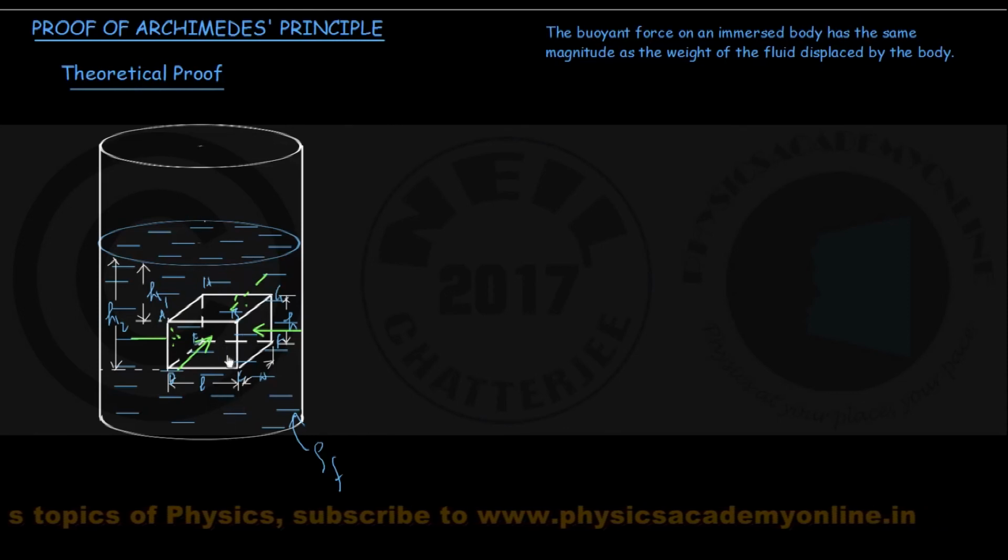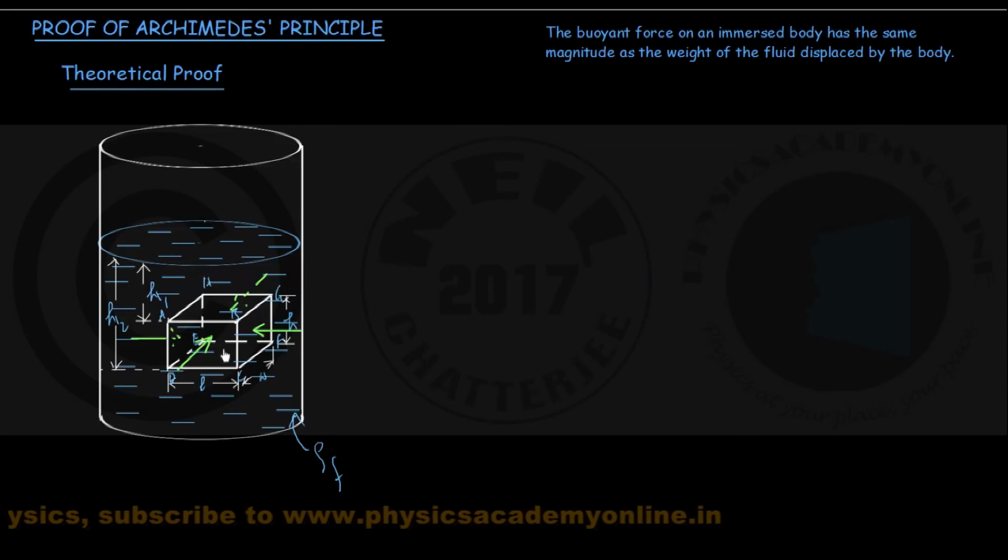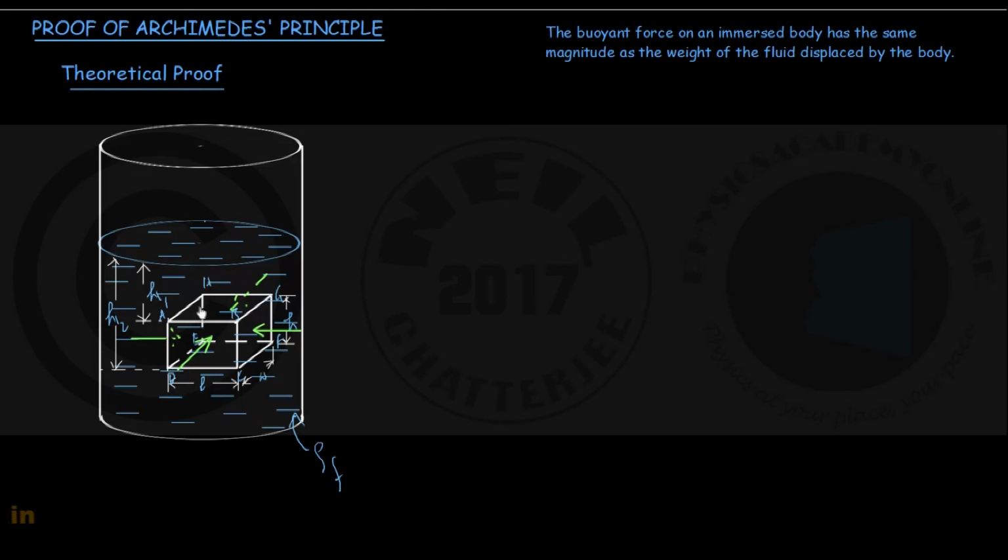So you see that the force of pressure on the four vertical faces cancel each other out. But can we say the same thing about the force of pressure on the top and the bottom horizontal faces? The answer is no, because of the simple reason that the depths of these two faces are different.